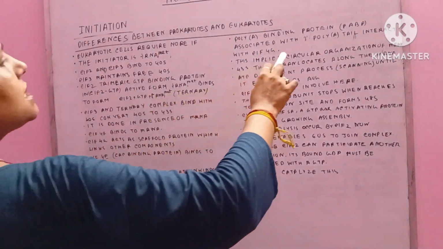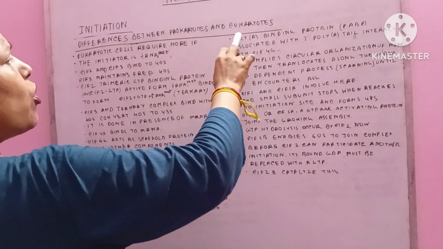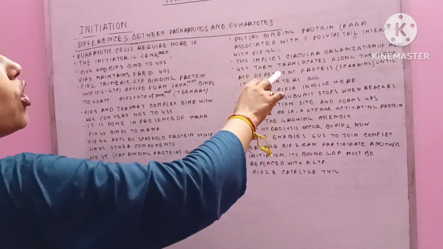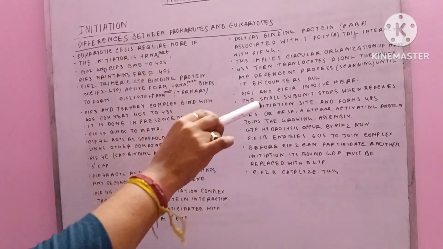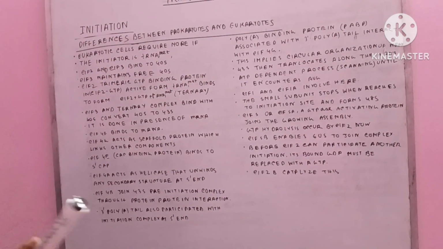This implies the circular organization of the mRNA. As the poly A tail at the 3' end is also involved, a circular structural form is seen.